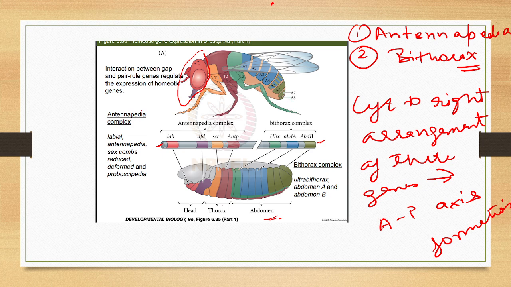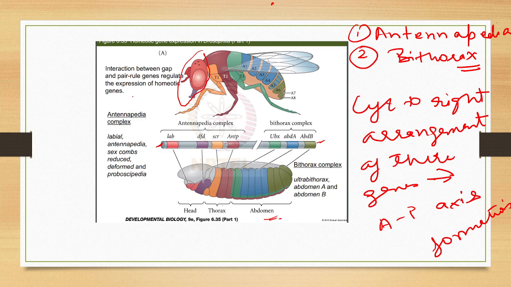This means that the identity of the segments that have already been formed is given by your homeotic selector genes. And these homeotic selector genes are regulated by the interaction between gap and pair rule genes.